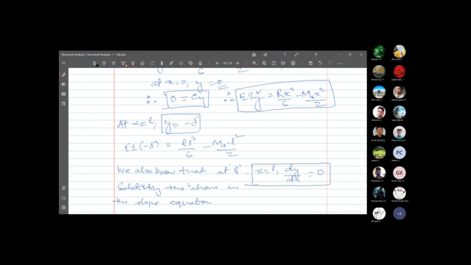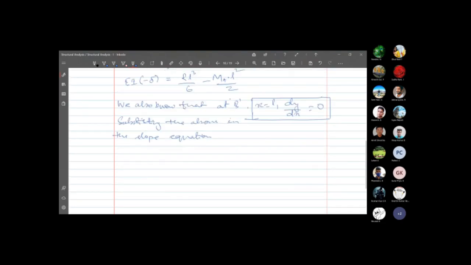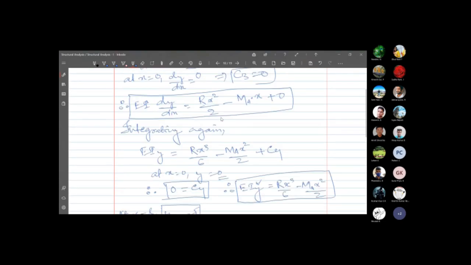So if I put that value in the slope equation, can I write 0 equals to R by 2 into L square minus MA into L. You can see here I am putting.